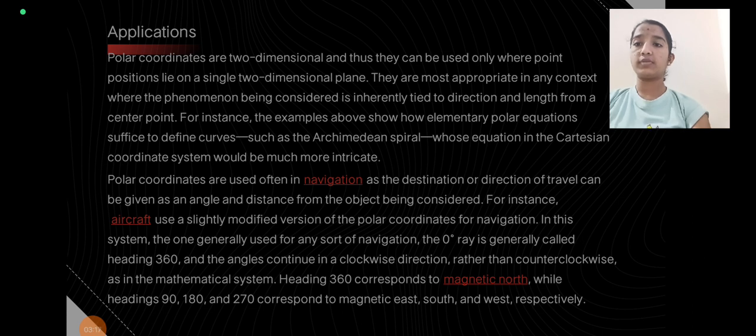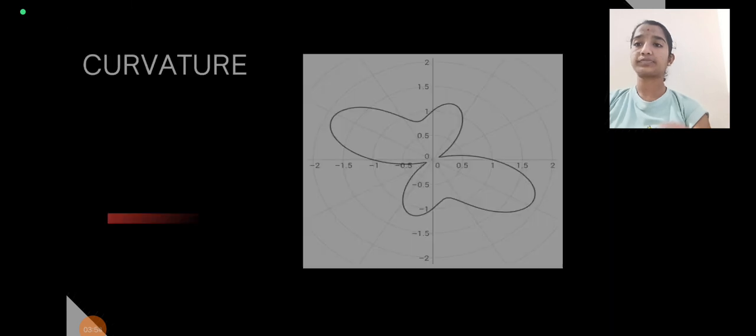In this system, the one generally used for any sort of navigation, the 0 degree ray is generally called heading 360, and the angle continues in a clockwise direction rather than counterclockwise as in the mathematical system. Heading 360 corresponds to magnetic north, while headings 90, 180, and 270 correspond to magnetic east, south, and west respectively.